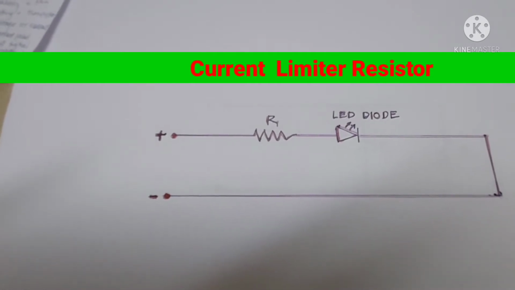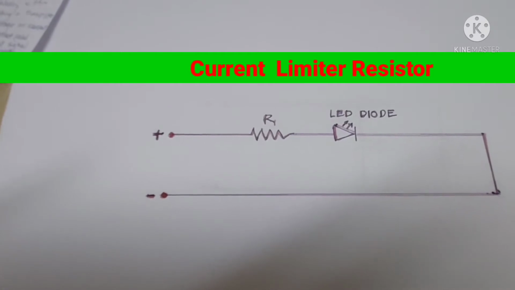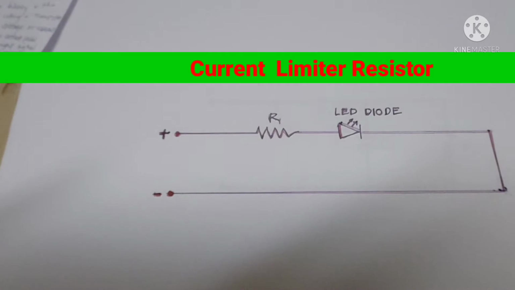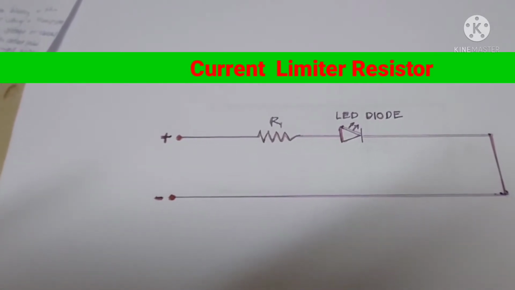This is a current limiter. It is used to reduce the current in the circuit. The resistor is connected in series to the LED.